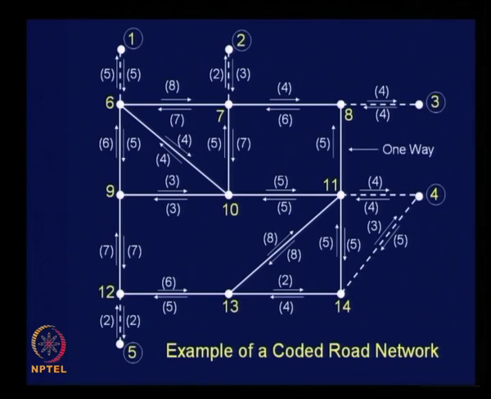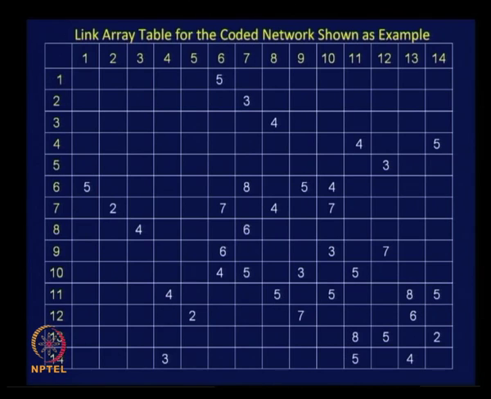If you want, you can just look at the picture again and try to understand. 2-7 and 7-2, there is a connection. 2-7 is 3 minutes, 7-2 is 2 minutes. Now you can look at the cell values and try to understand the representation of the network links and nodes in the form of a link array table.